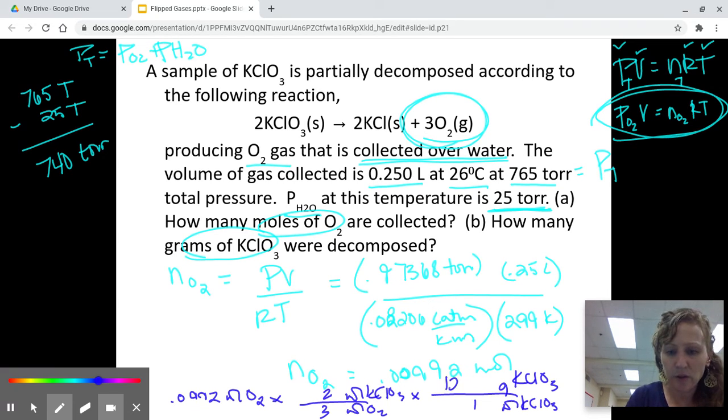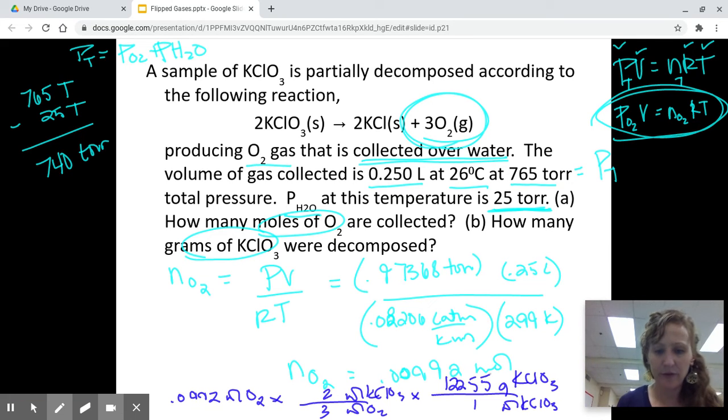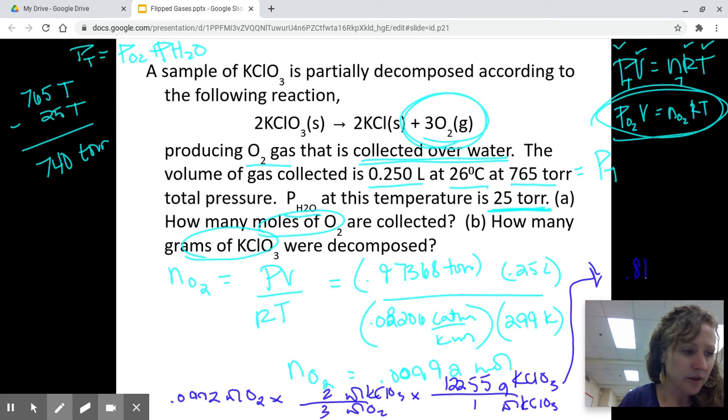Okay, that would be 122.55, times 2, times 122.55, divided by 3. Let's bring it up here. 0.8105 is what I got. So I can keep 3 sig figs, 0.811 grams KClO3.